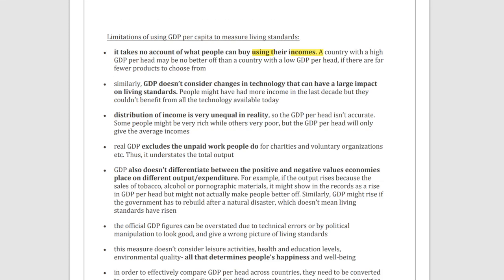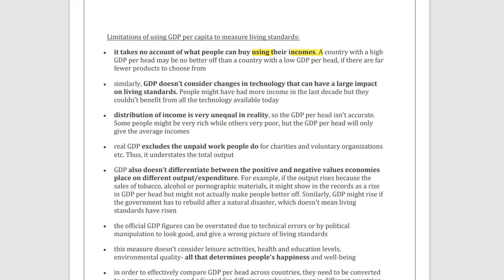Where these people use that income is not necessarily shown by GDP, yet living standards is about having enough money to live a life. But what if you are spending on the wrong types of goods, like demerit goods?